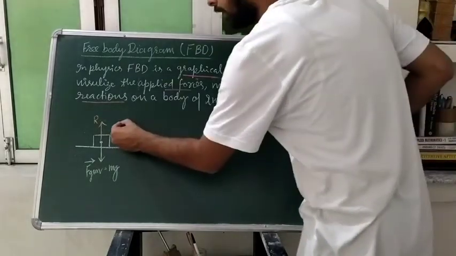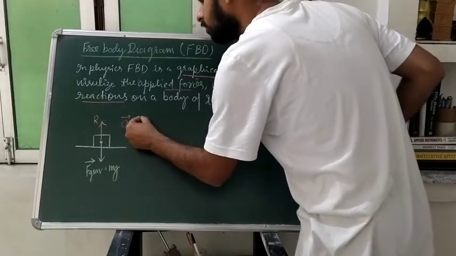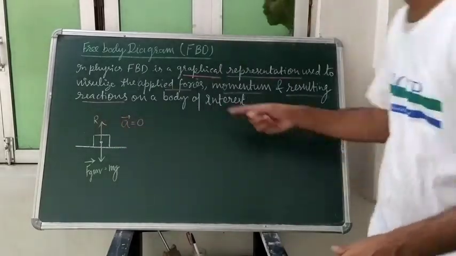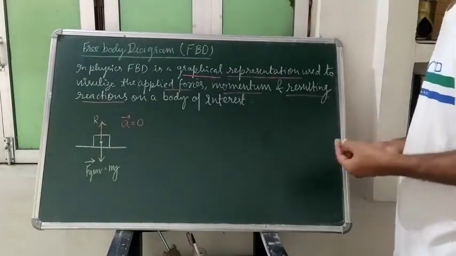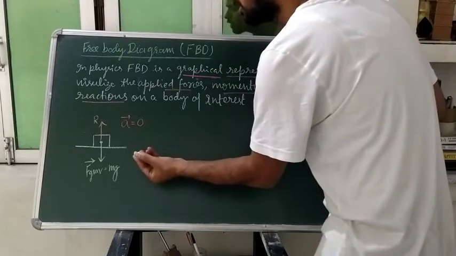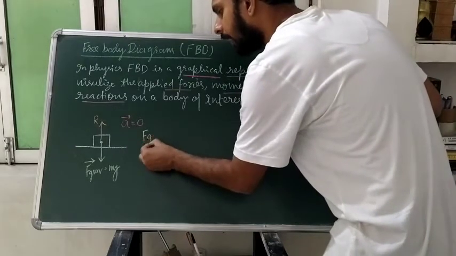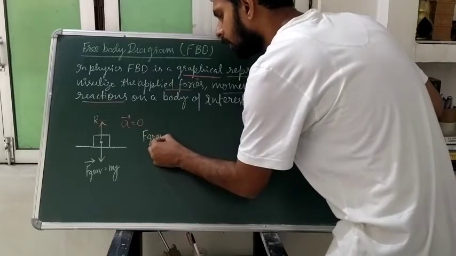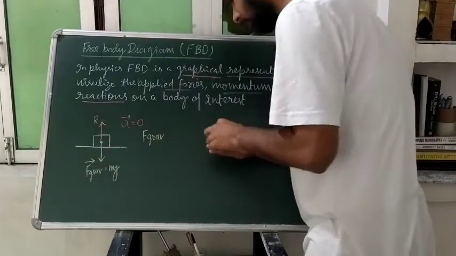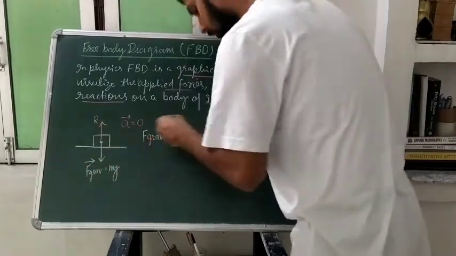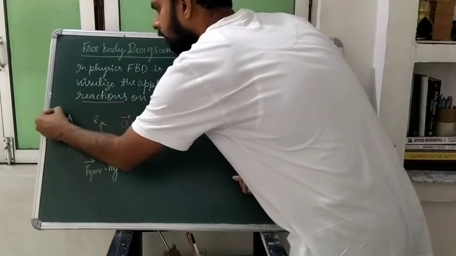And students, if the acceleration of the block is 0, if it is not accelerating, then by Newton's first law the sum of forces, this F gravity and this reaction, if you choose this side as positive, any side you can choose as positive.